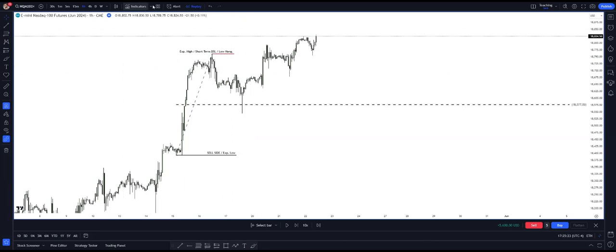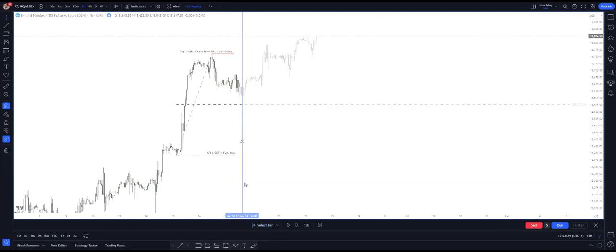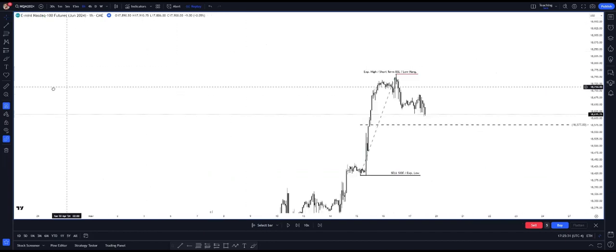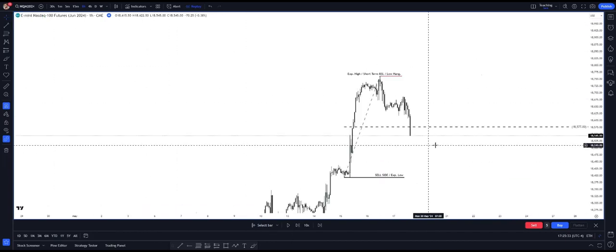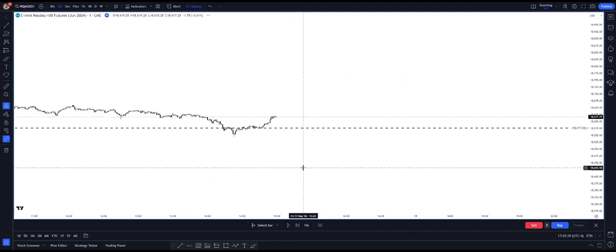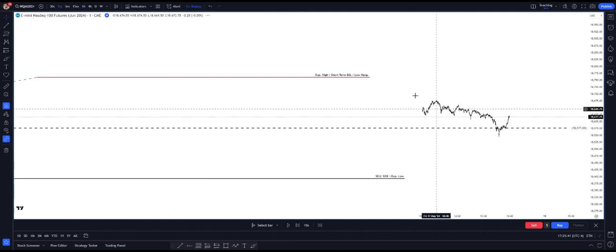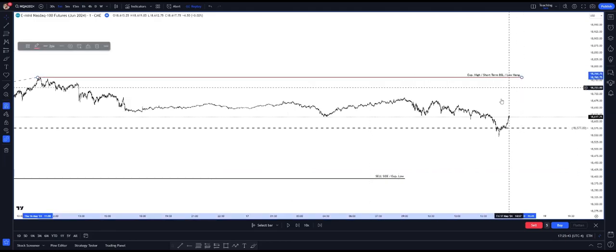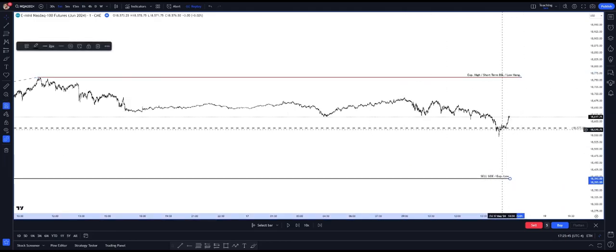Once it touches there, let's go on replay mode. Solid bar before it touches. Or you know what? Let's make it touch. Now it touched there. Once it comes down to range EQ, switch to the lower time frame, 1 minute in this case. Expansion high, because it's respecting.